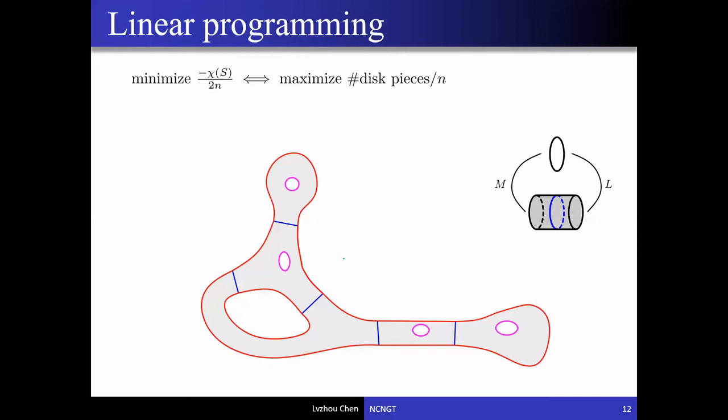Then to minimize the negative Euler characteristic is to maximize the number of disk pieces, because all the essential contribution to the Euler characteristic comes from these pieces, and each of them is either a disk or an annulus. Having as many disks as possible makes the surface as simple as possible.